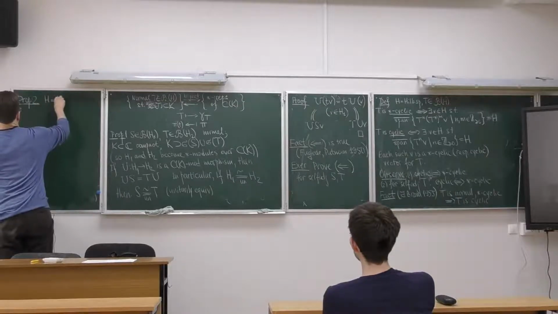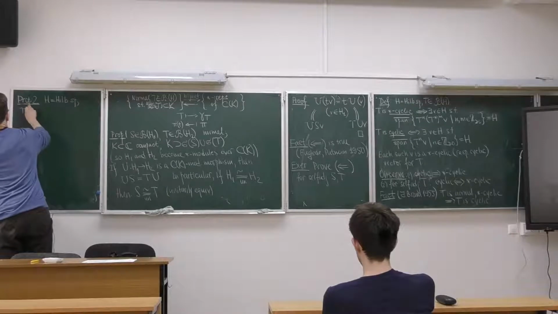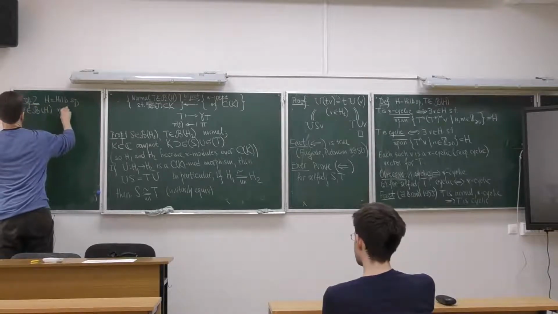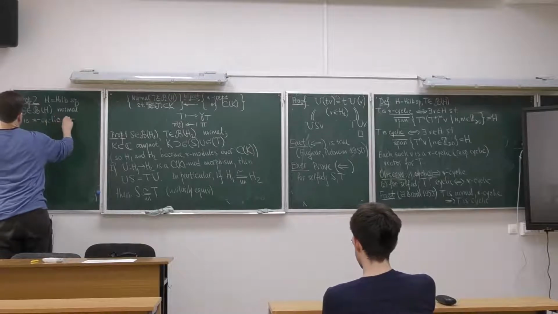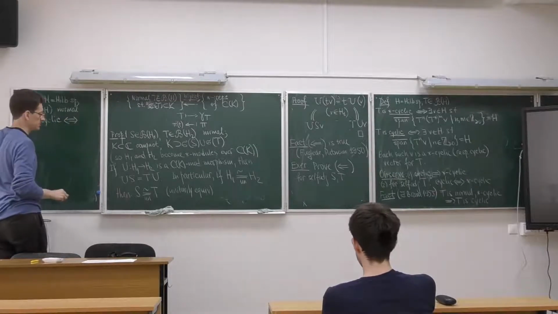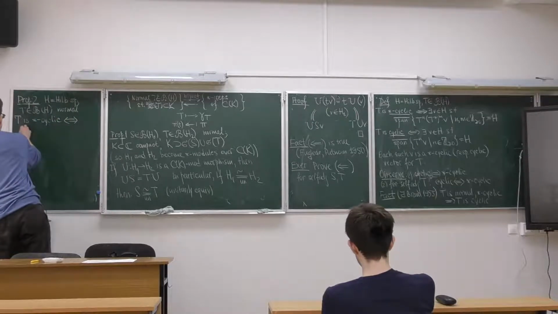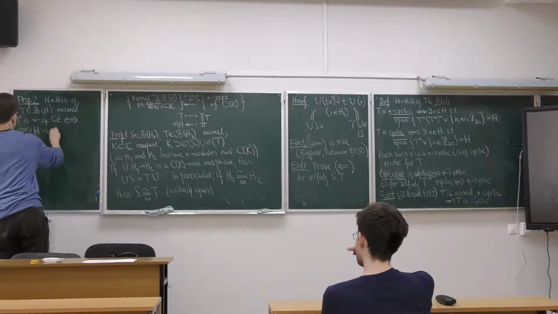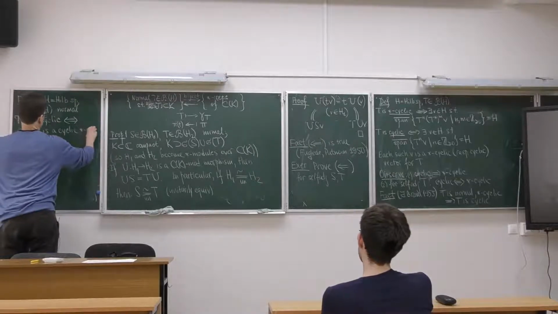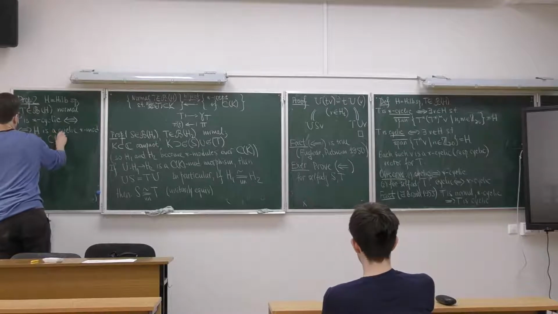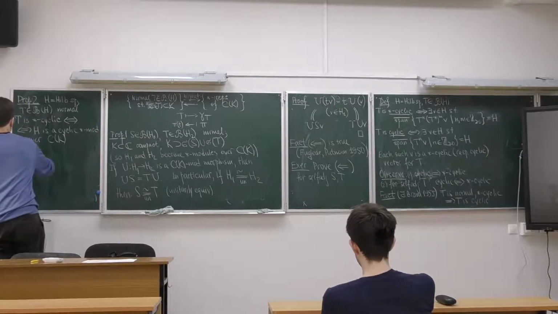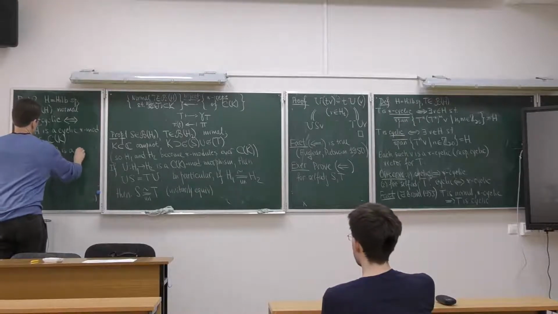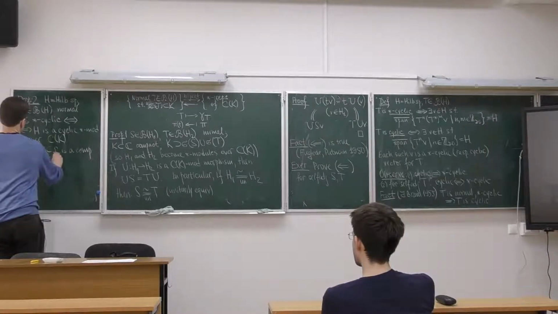Suppose that H, again, is a Hilbert space, and T is a normal operator on H. So I claim that T is star cyclic if and only if H, considered as a C(K) module by means of this correspondence, is a cyclic module over C(K), where, as before, K is any compact subset of the complex plane containing the spectrum.